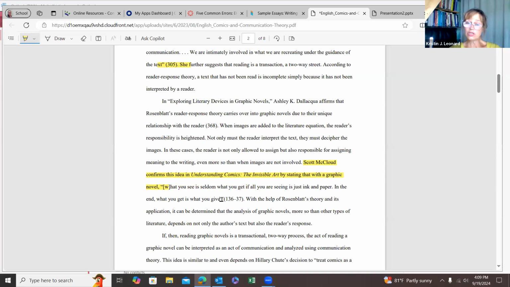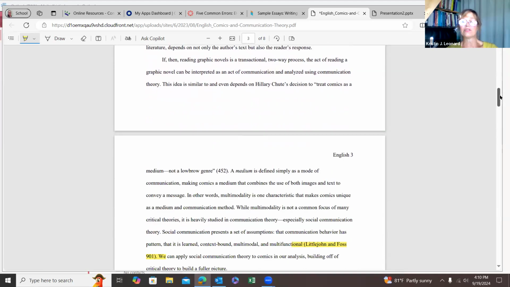And that would be end quote. And this is the page where we could find it, page 136, 137. This is an example of using the writer, our words to blend with that quoted material, or we can use a signal phrase, something that introduces it.